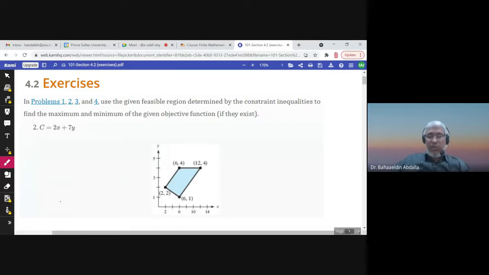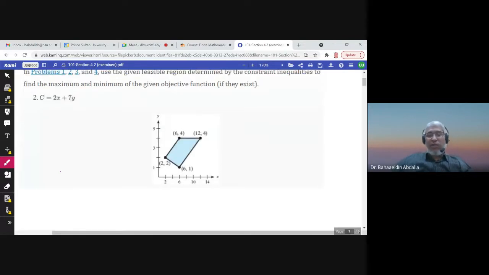These are some exercises about section 4.2 linear programming. Use the given feasible region determined by the constraints inequalities to find the maximum and minimum of the given objective function if they exist.